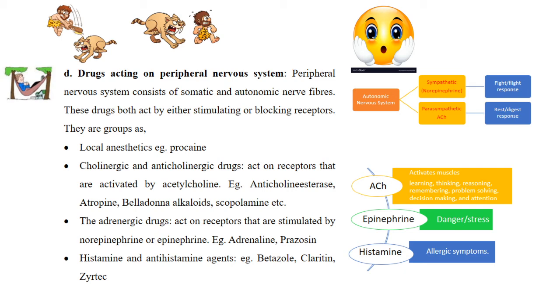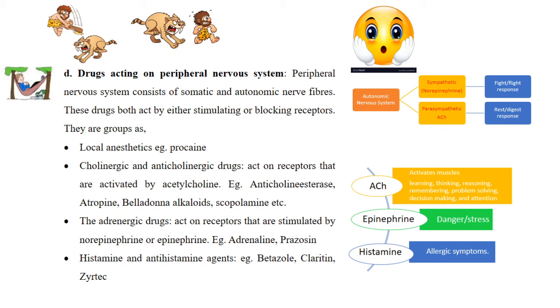The sympathetic nervous system deals with action, that is, during a time of emergency it will be activated. Epinephrine, that is adrenaline, will be released, our blood pressure will be enhanced, and we will be acting smart. For example, if you are facing a wild animal, either we have to kill the animal or we have to flee from that particular spot, otherwise we will be killed.